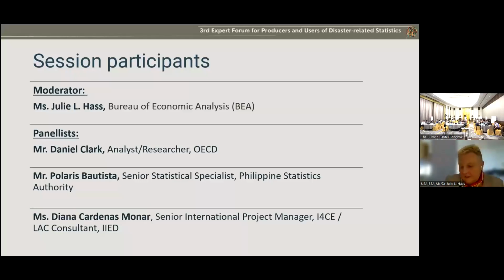She's going to be especially talking about a report that came out just a couple of months ago from the International Institute for Environment and Development regarding disaster expenditures and climate adaptation expenditures. So that's our lineup, and I'll give a brief introduction on what we're trying to talk about.